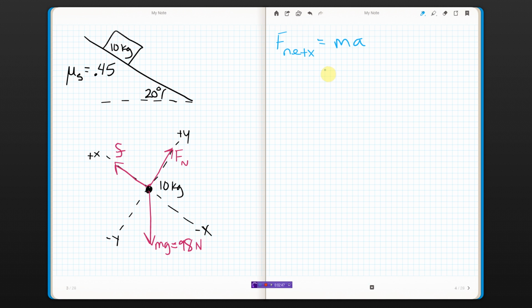To hold this thing at rest, I need ma to be 0. I need a to be 0. Okay, if this is going to be at rest, a will be 0. In the x direction, I've got friction up the slope. Down the slope, I've got the x component of gravity.